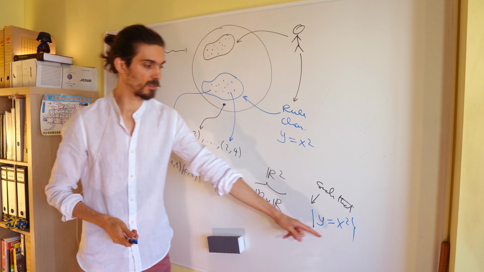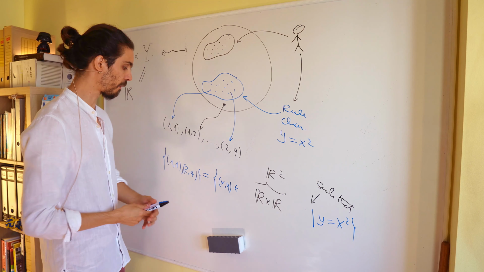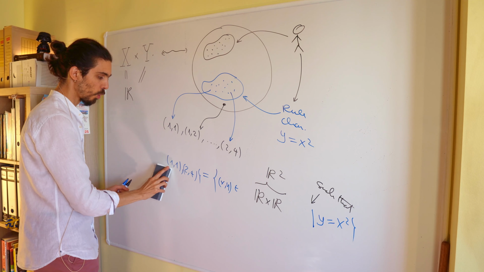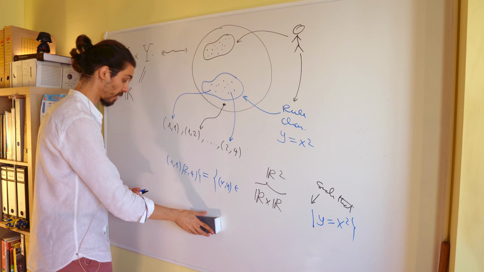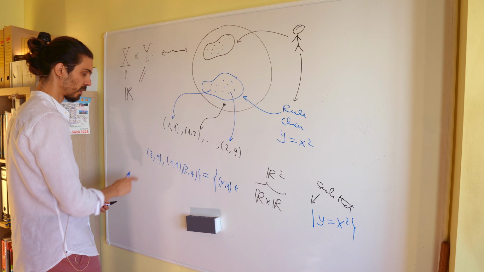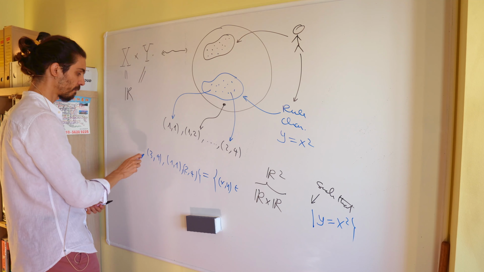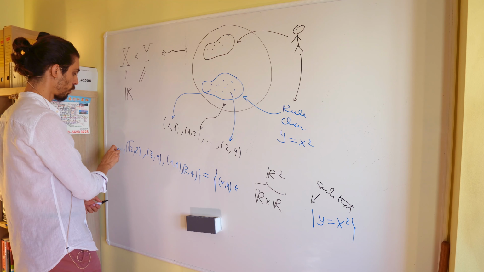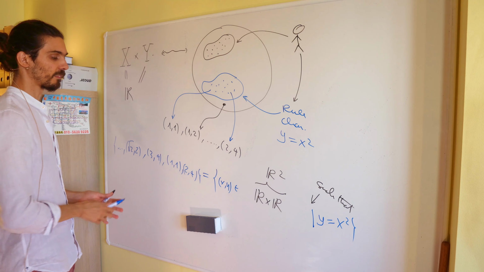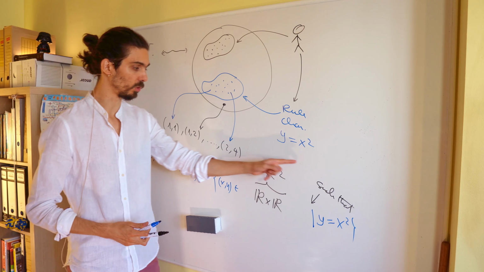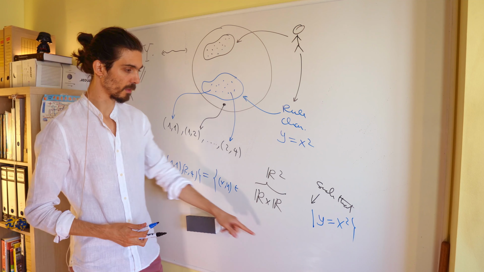In fact, this set has an infinite number of elements. Let's just give some examples. (1, 1) is there, (2, 4) is there. But now (3, 9) is there, because 3 squared equals 9. For example, (square root of 2, 2) is in there, and so on. So there is an infinite list of elements. And so it's useful to describe the set like this.